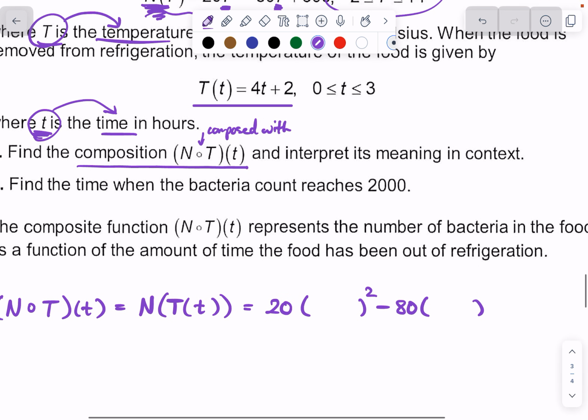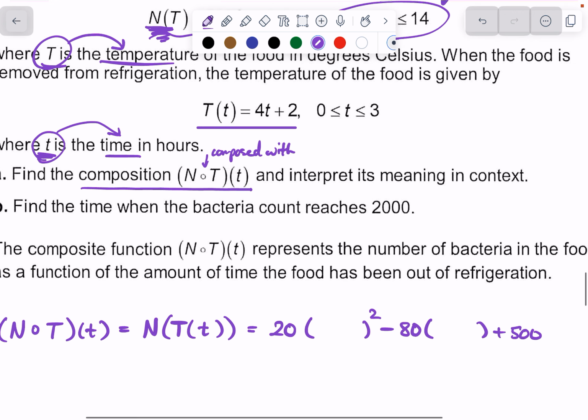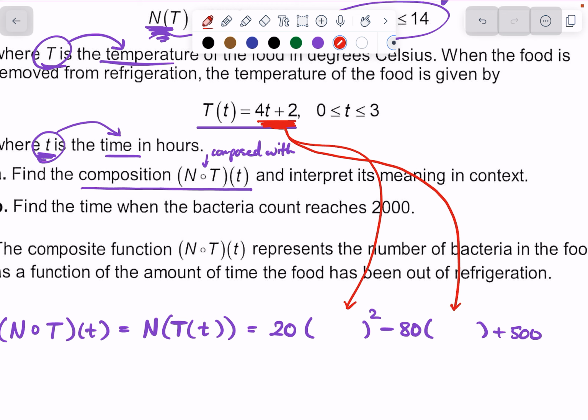Don't forget the plus 500. And then we take our capital T function and that would go in for both of those parentheses right there. 4t minus 2, 4t minus 2.